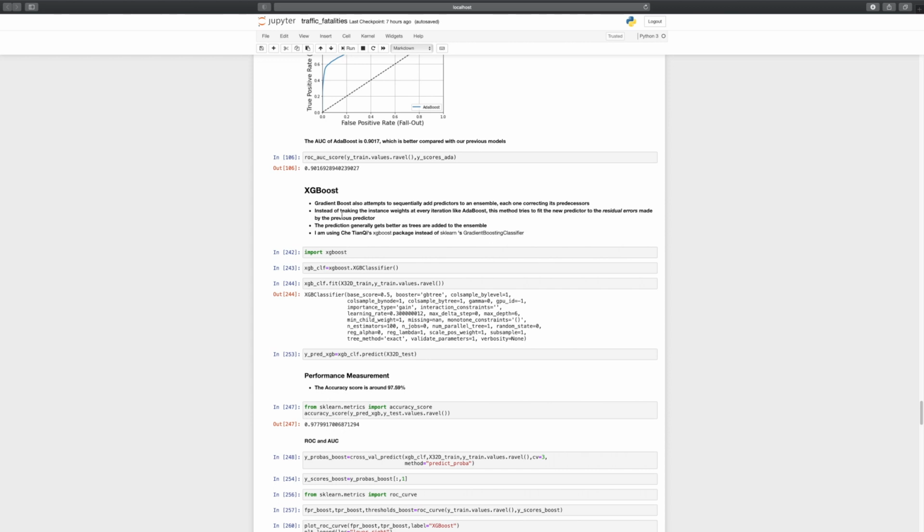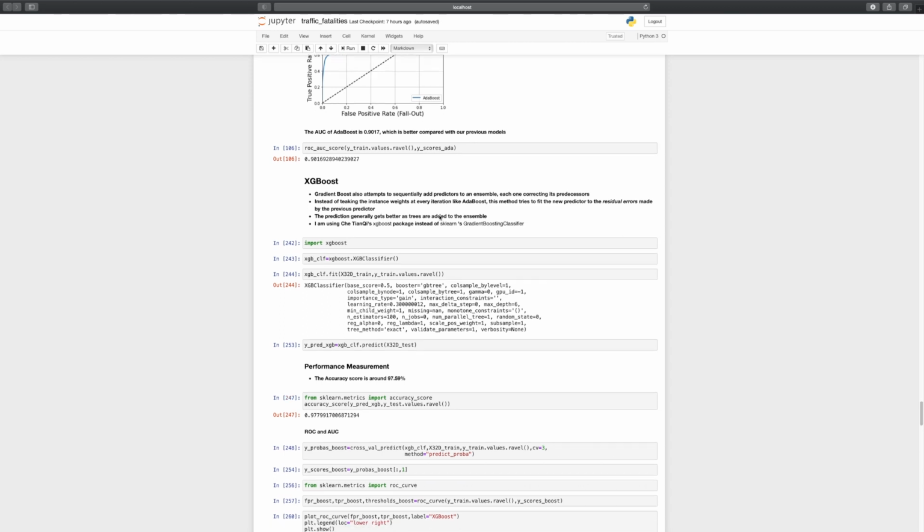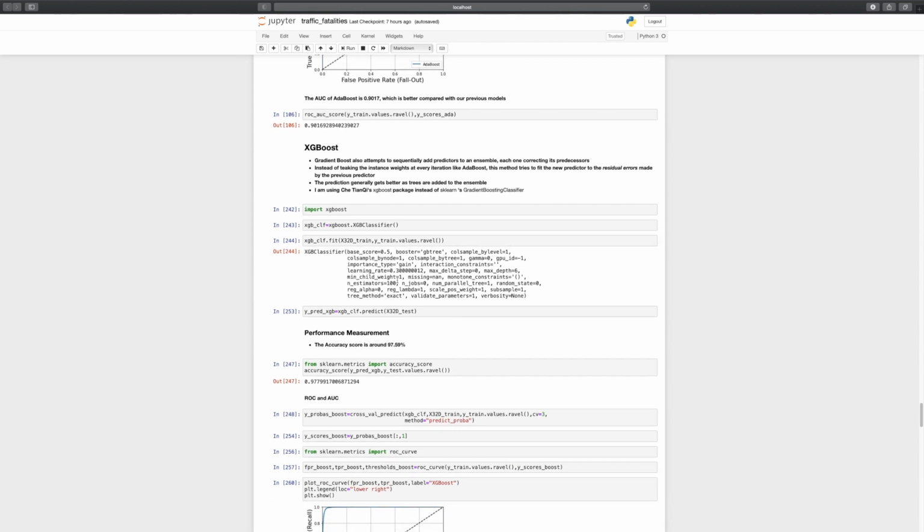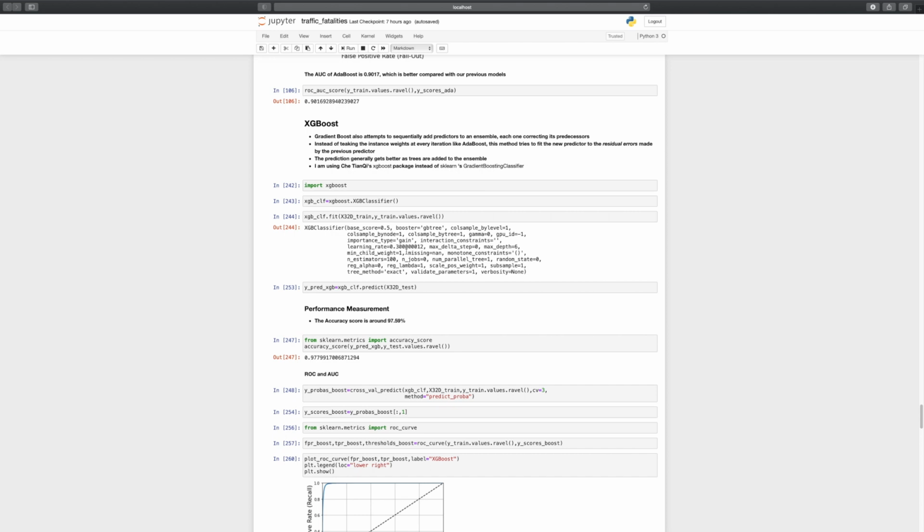But how it differentiates itself is that, instead of taking the instance weight at every iteration like AdaBoost, this method tries to fit the new predictor to the residual errors made by the previous predictors. This allows the model to fit the data really well, as we can see from our performance.